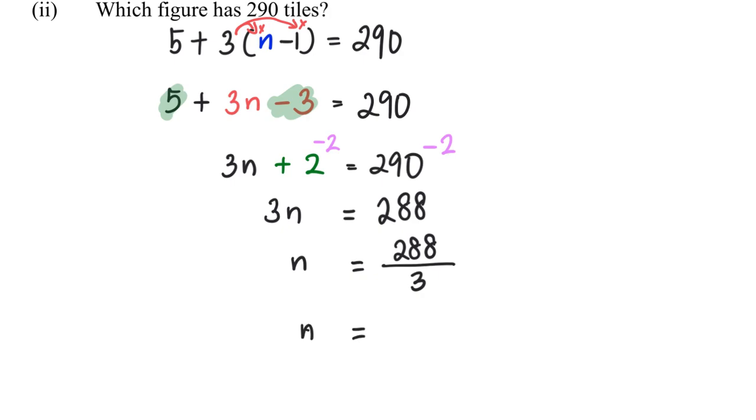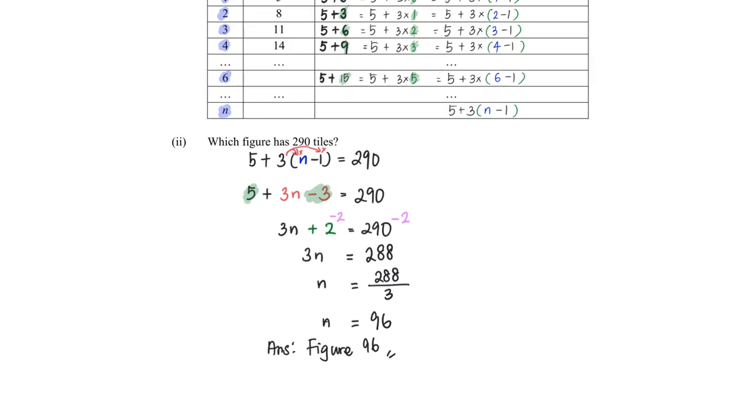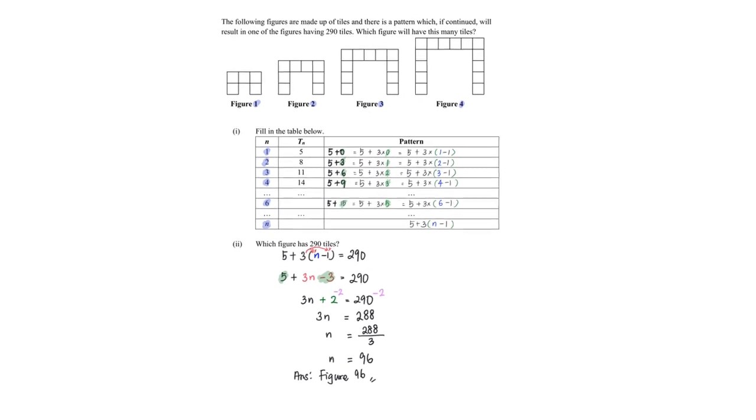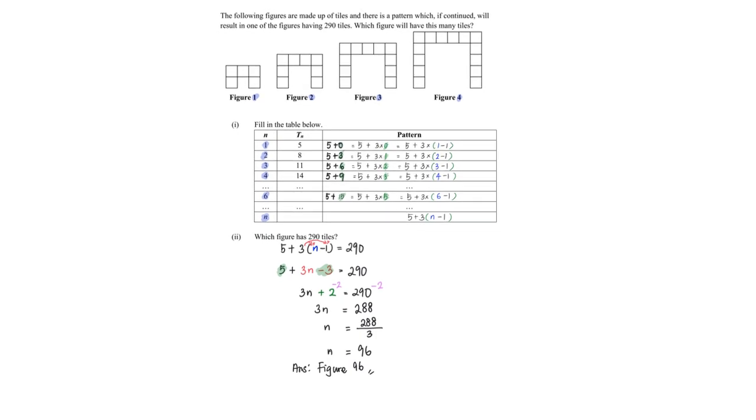So n will be equal to 96, meaning that figure 96 will have the 290 tiles. And that concludes this particular example, where we started off with a table to help us to find the n term.